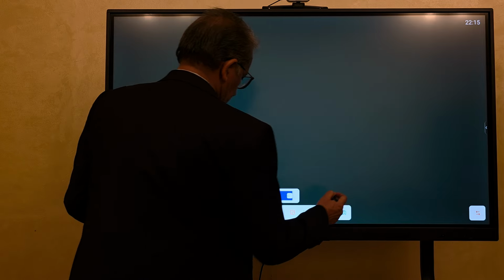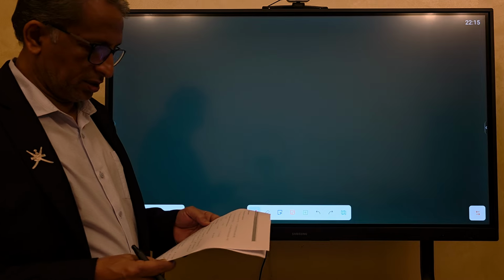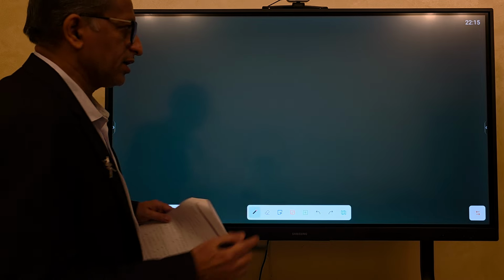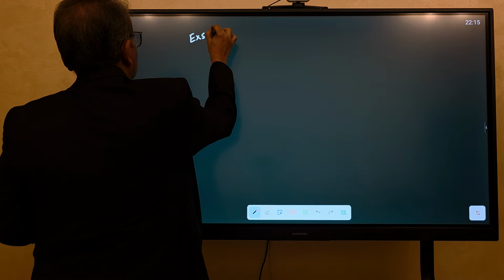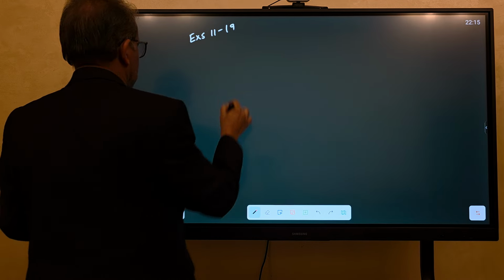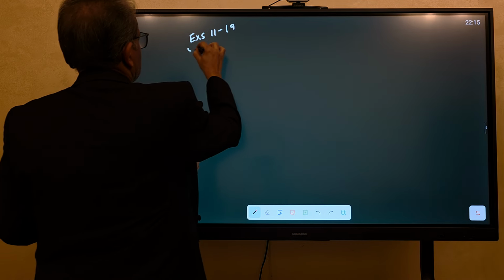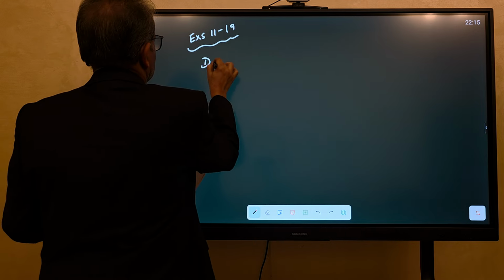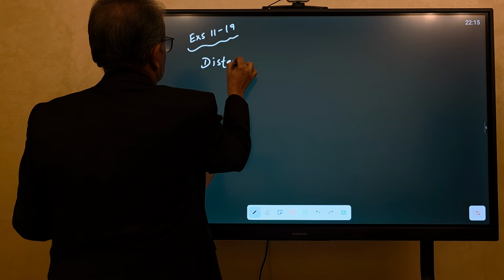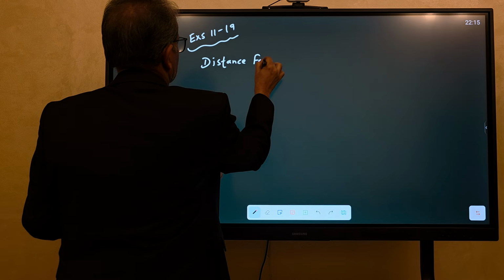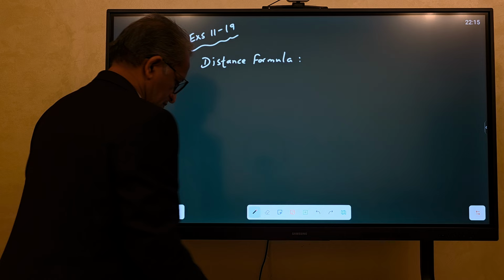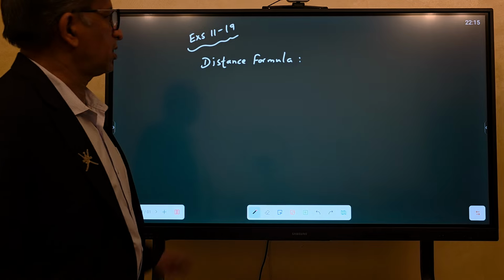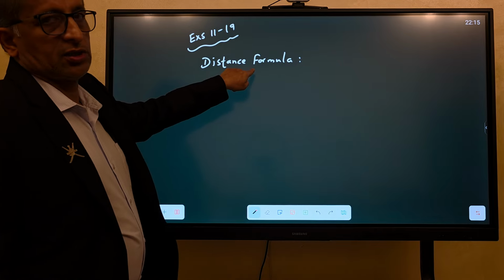Coming to the next set of questions, that is questions 11 to 19. In this, we are using the distance formula. What is the distance formula? To solve this, you are using this formula.